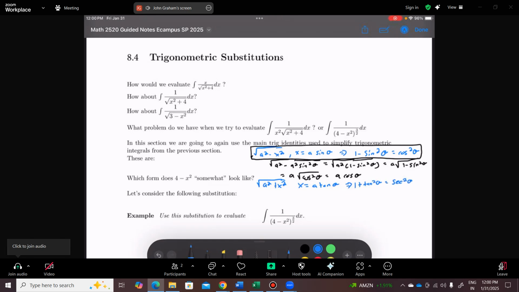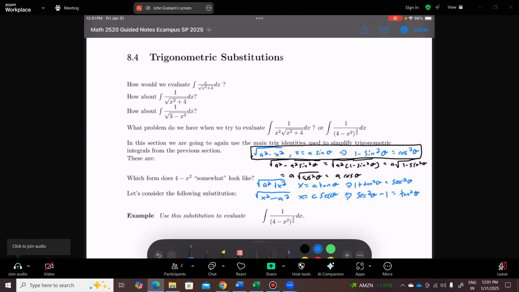And then the third one, x squared minus a squared, is going to be when x is equal to a secant theta. Squeeze that little c in there, and that will make the inside secant squared theta minus 1, which is going to be equal to tangent squared theta, which you can then take the square root of.